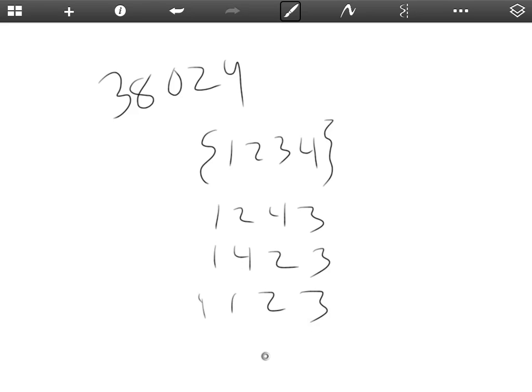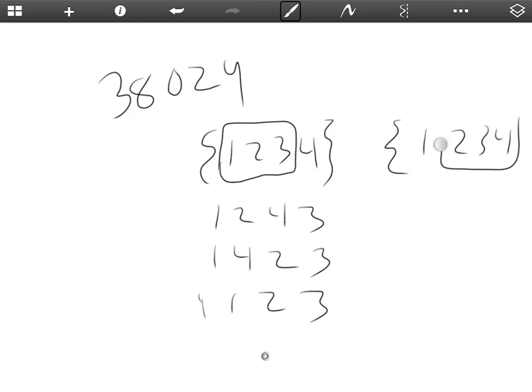But what about, see how 1, 2, 3 is the k plus 1, and k plus 2? What if the k plus 1 and k plus 2 came from the 2, 3, 4, and your 1 was your z? What if that was the case? Well, then 1, 2, 3, 4 would be duplicated.